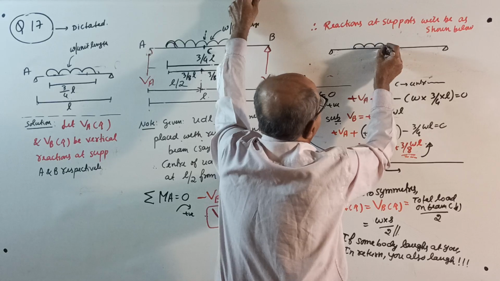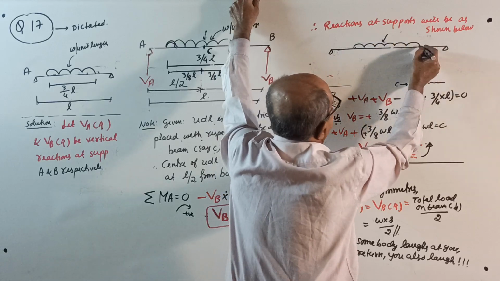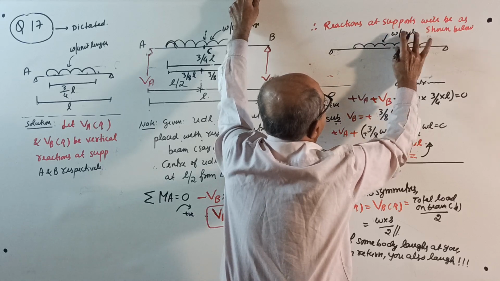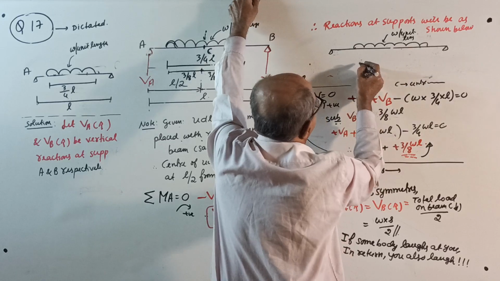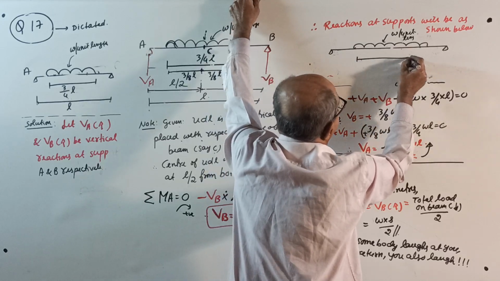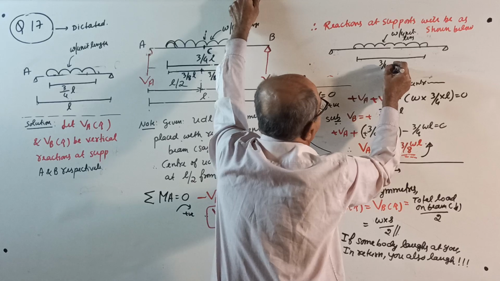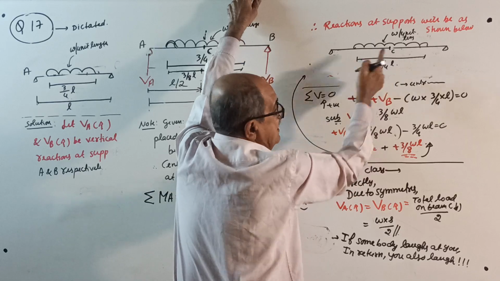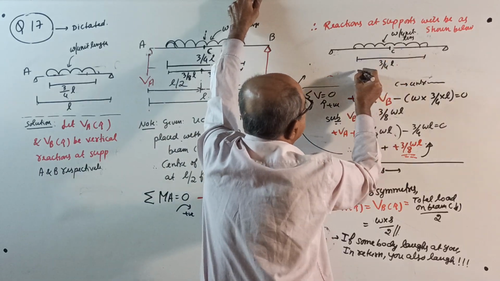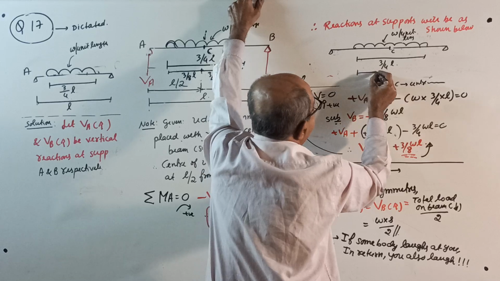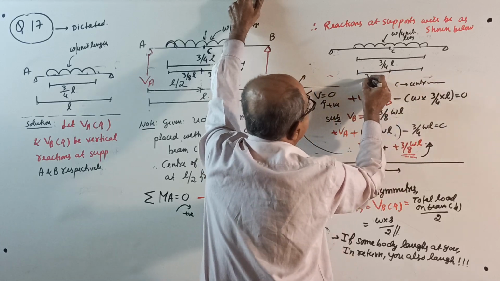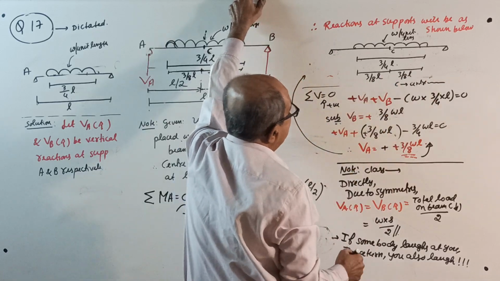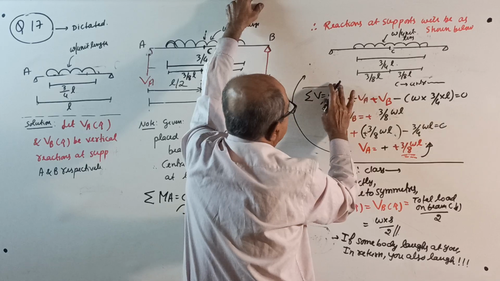If you apply a UDL of W per unit length, which is for a length of 3/4 of L, and the center, symmetrically placed about the center, from here to here and here to here is 3 by 8 of L, 3 by 8 of L, and then further, one more space not there.